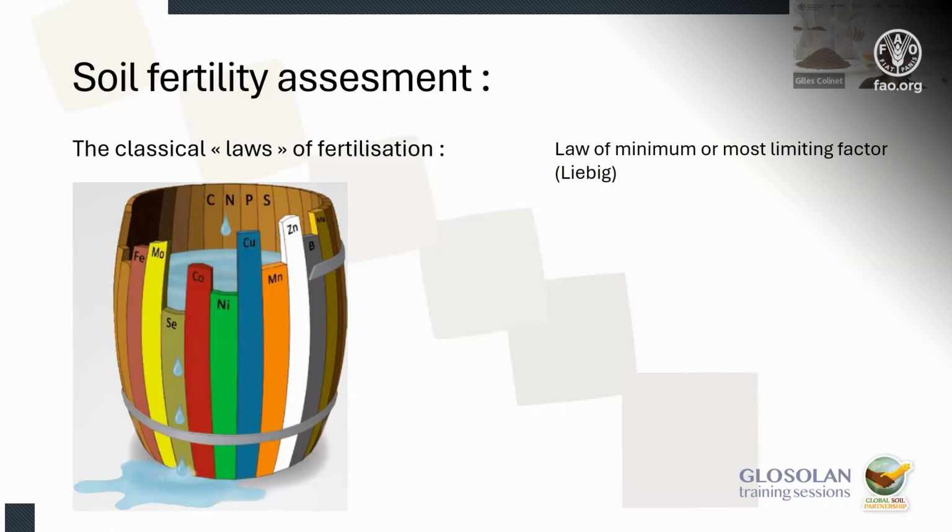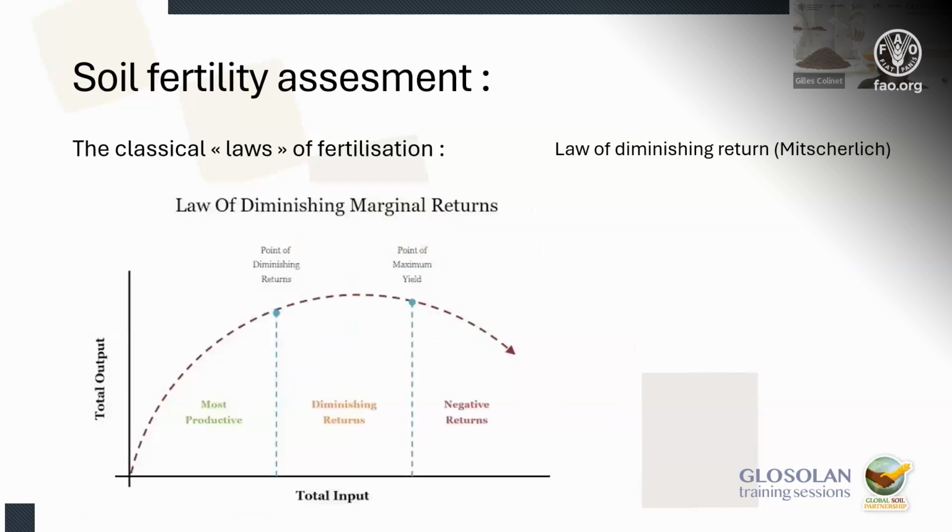So this is the first law of fertilization, which is Liebig's law. The second one is the law of diminishing returns, so-called Mitscherlich law. It means that when you are putting fertilizers on the soils, you will have a response with the increase of the yield.